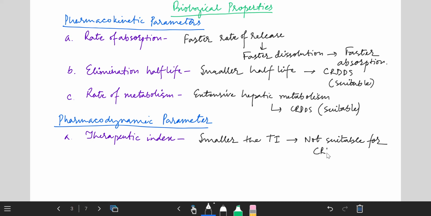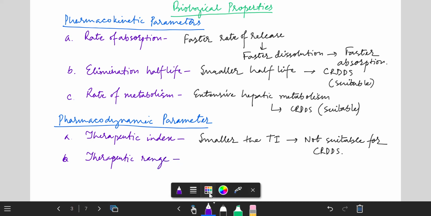The next one is therapeutic range. A drug with a wide therapeutic range is suitable for this type of system.